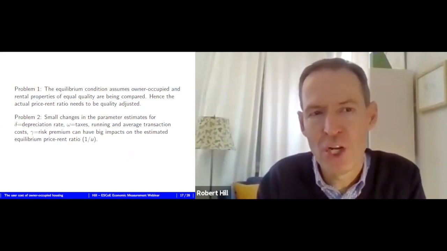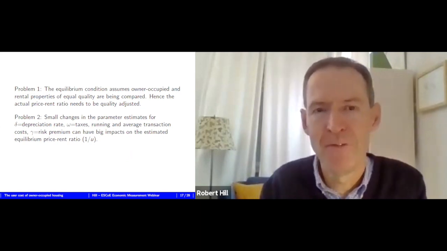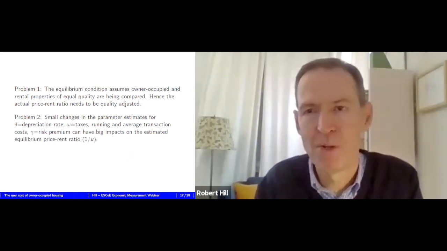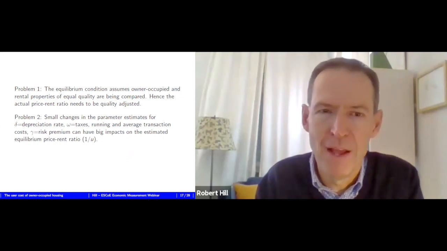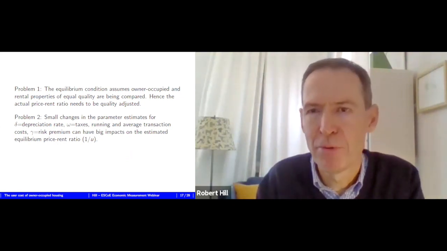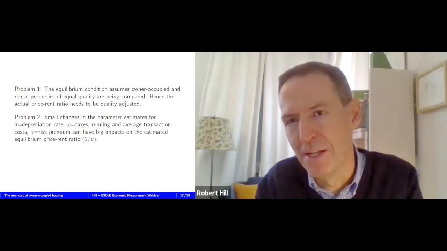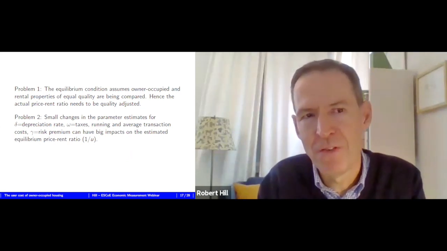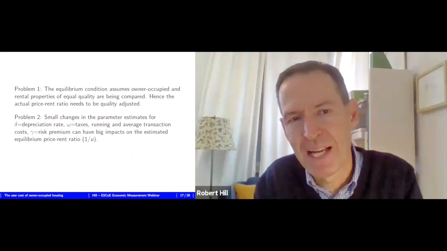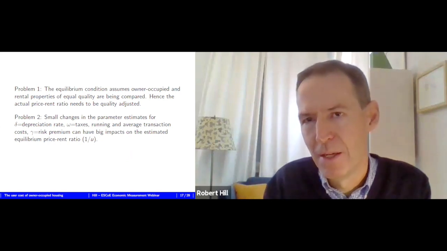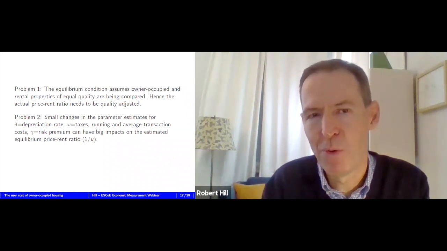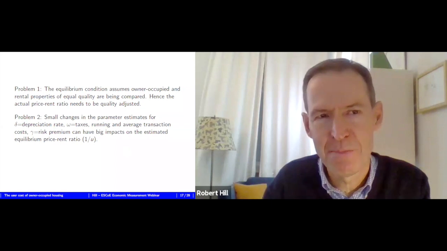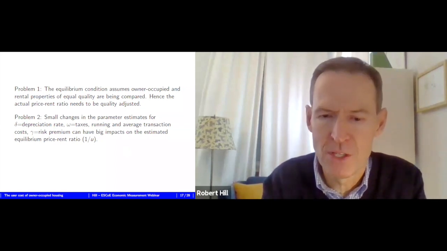If you then change the values of some of these parameters, say you had a risk premium of 0.01 and now you increase it to 0.02, that's going to cause the equilibrium price rent ratio to change from 100 to 50, a massive change. Given it's difficult to measure these things exactly, particularly the risk premium, there's uncertainty about exactly what the right value of U is. But when U is small, this method is not going to work well, because you're going to get huge fluctuations in your equilibrium price rent ratio.